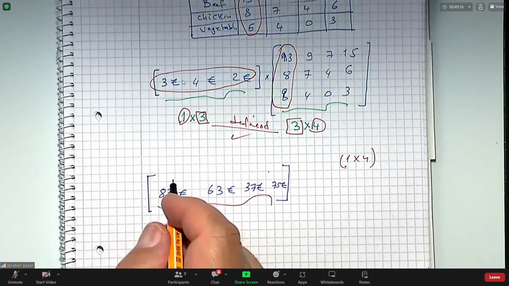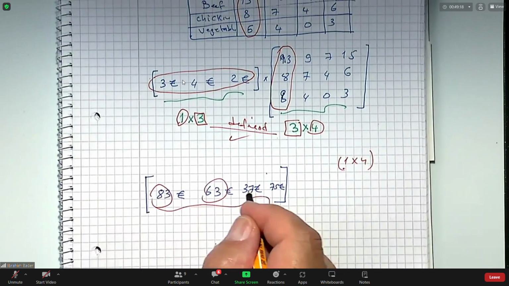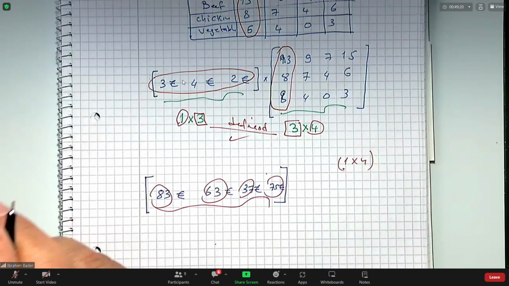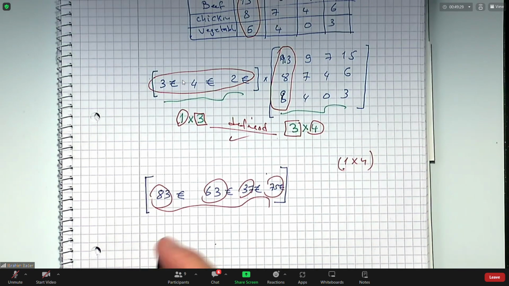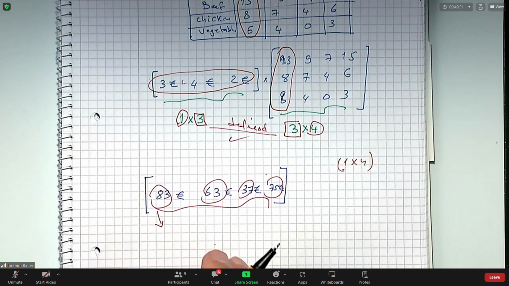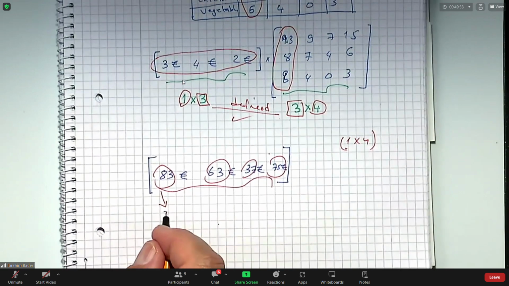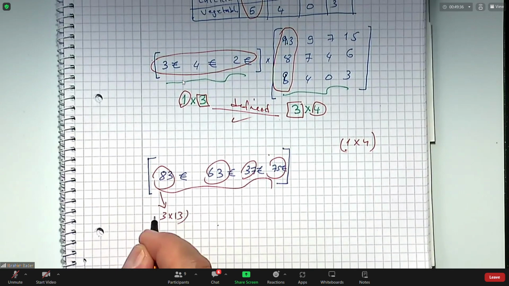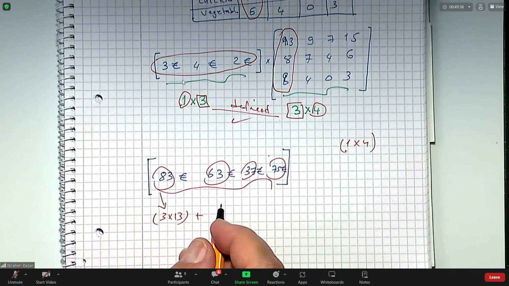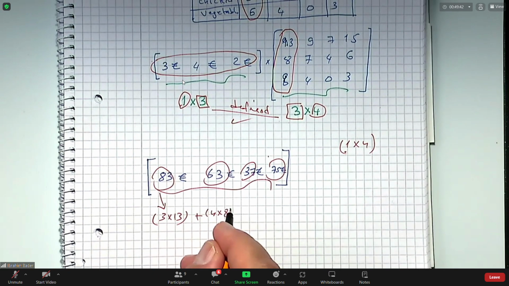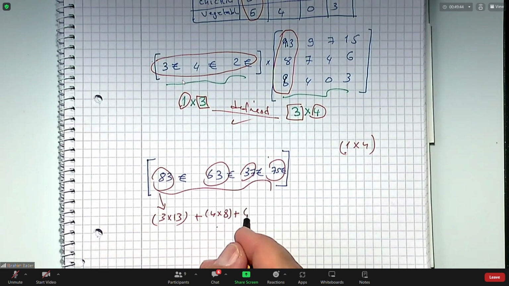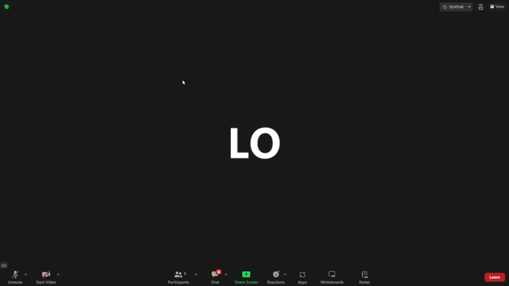Does anyone have a problem finding these values, or is it clear? So for instance, this 83 is the outcome of multiplying 3 times 13 plus 4 times 8 plus 2, sorry, this is 6, right?